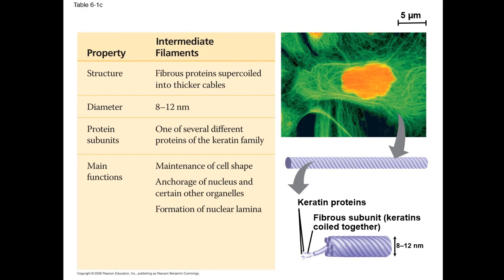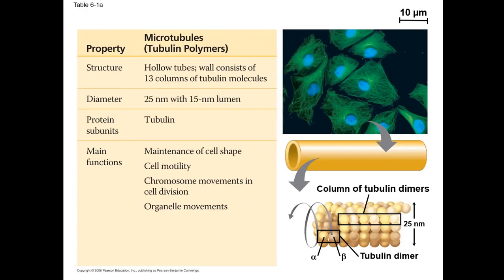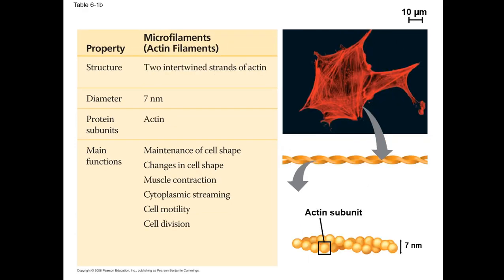So, it's fibrous protein super coiled into thicker cables. Para siyang mga cables like this. Diba? So, ganyan yung itsura niya. So, yung functions niya, microtubules: maintenance of cell shape, cell motility, chromosome movements in cell division, and organelle movements.